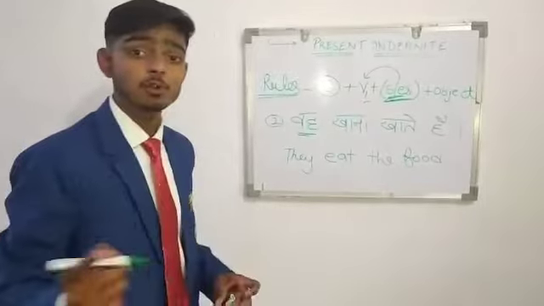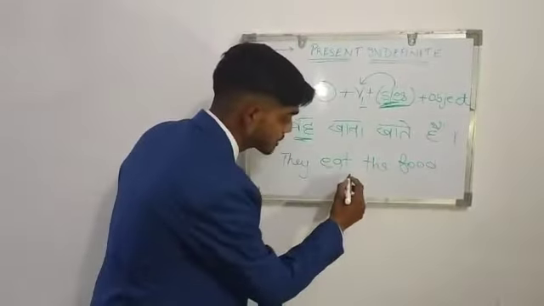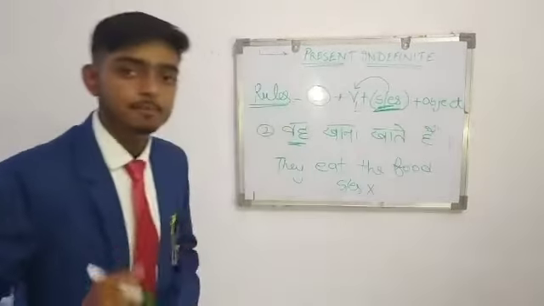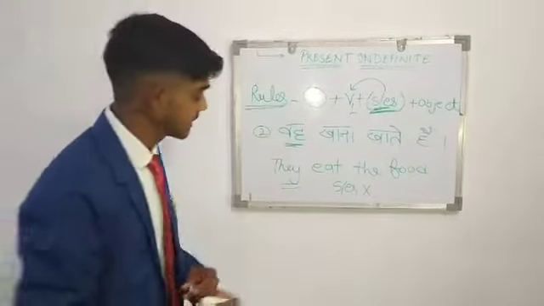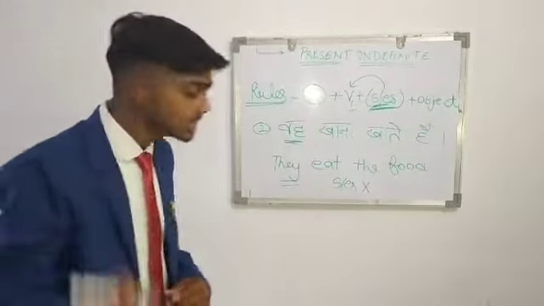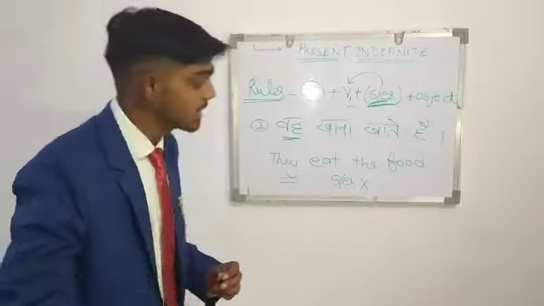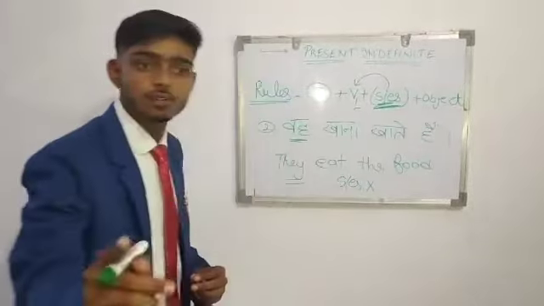One thing is very important in this sentence: there is no s or es added just because there is a plural subject, in which we have also learned that whenever there is I, you, we, they, there will be no s or es added with the verb's first form.